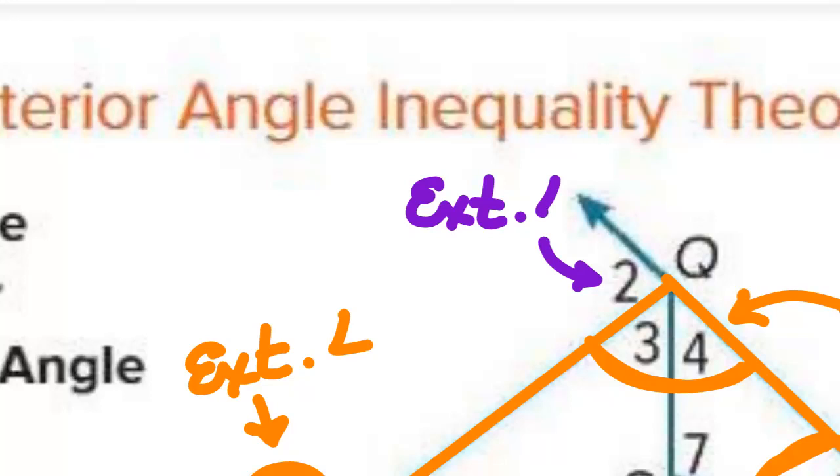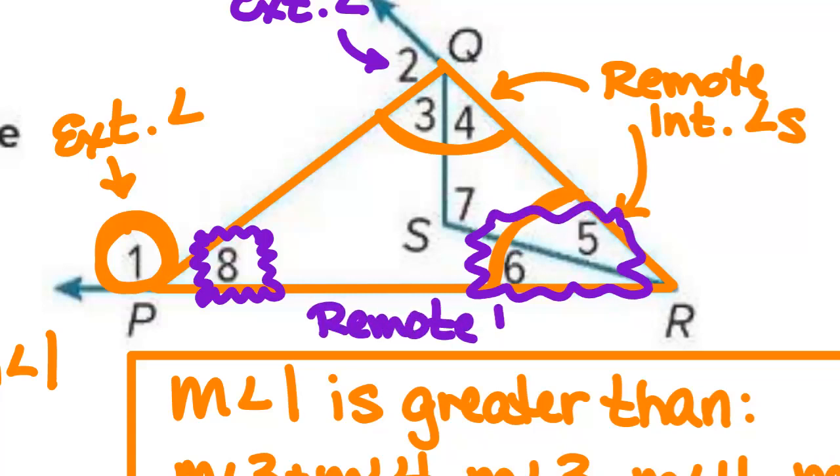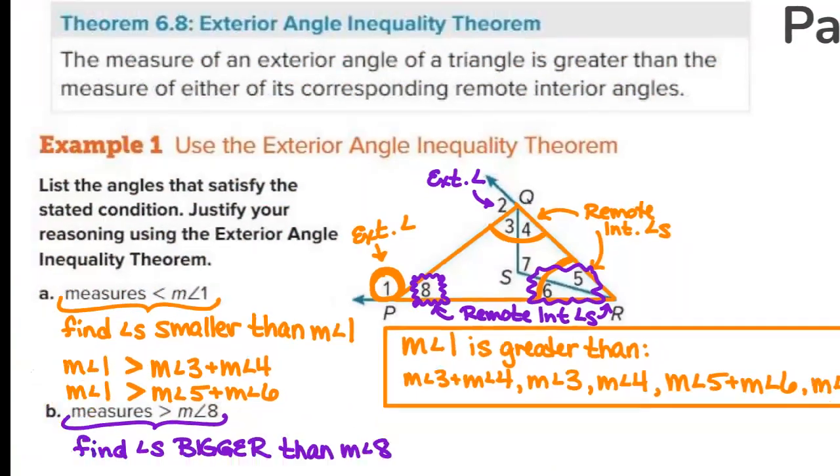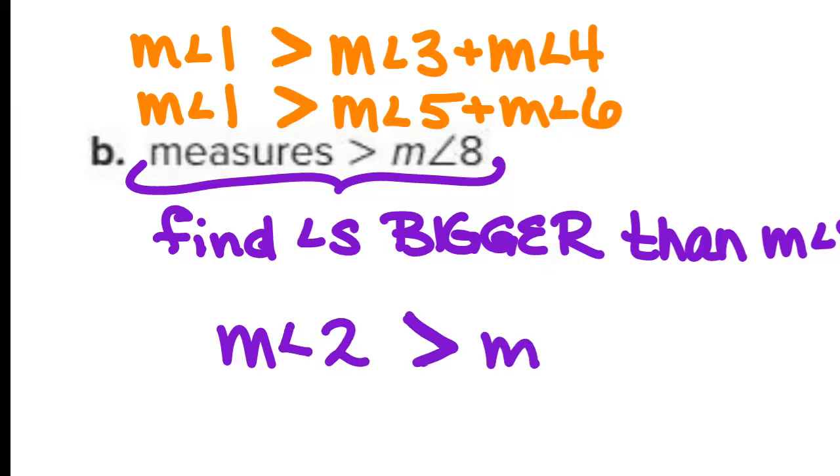And angle 8, and then angle 5 plus 6 would be my remote interior angles. So the measurement of angle 2 is greater than the measurement of angle 8.